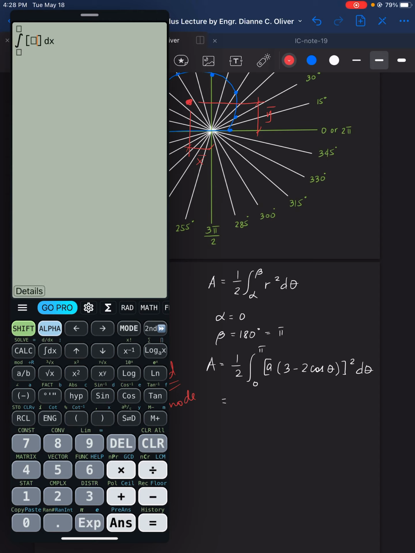Then we have the integral of (3 minus 2 cosine x) squared, from 0 to pi, equals 11 pi, multiplied with 1/2.